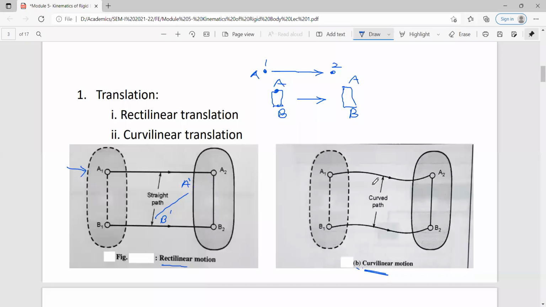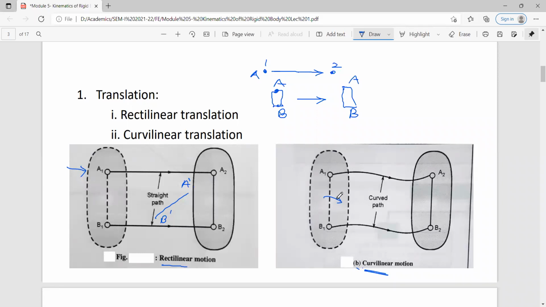If you find that at a certain position this line became inclined, it changed its angle, then this motion will not be a translatory motion. It will be another kind of motion.